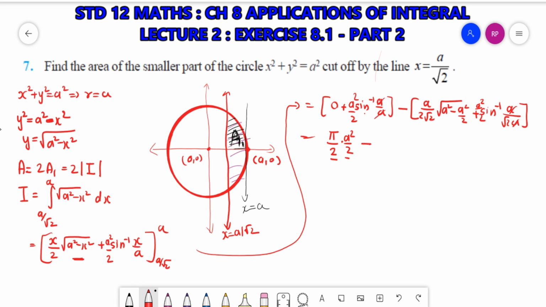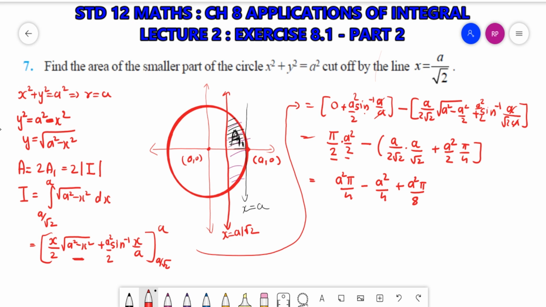Minus a upon 2 root 2 under root of a square minus a square by 2, that will be again a square by 2, and its square root will be equal to a by root 2, plus a square by 2 sine inverse 1 by root 2, that is pi by 4. This will be equal to a square pi by 4 minus a into a by 2 into root 2, that is 4, plus a square pi by 8.